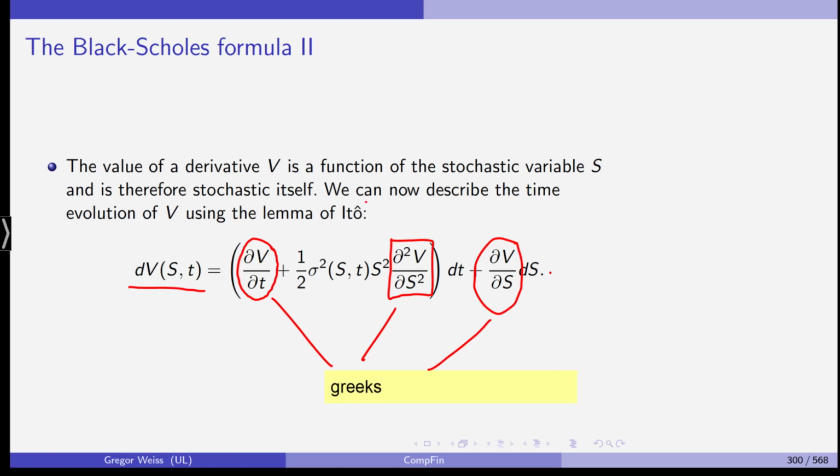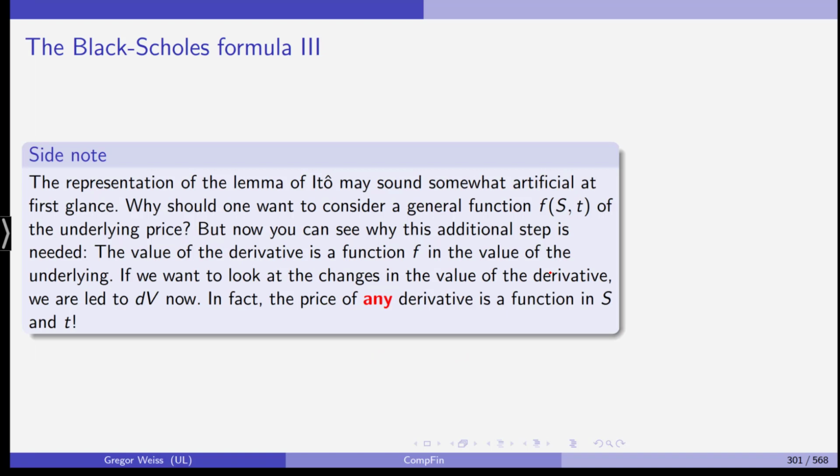Now, a small side note. The representation of Ito's lemma may sound somewhat artificial at first glance. So why should one want to consider a general function? But actually, this is the beauty of it, because if you think about this, we haven't said anything about what kind of function f is, or V. We only said that this is a function in the underlying price.